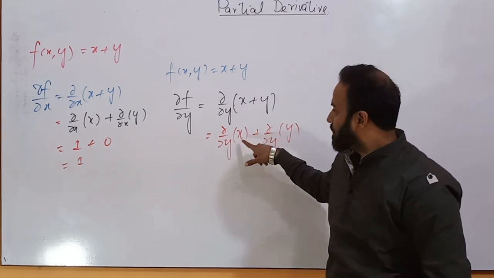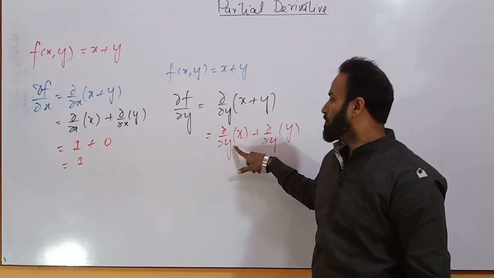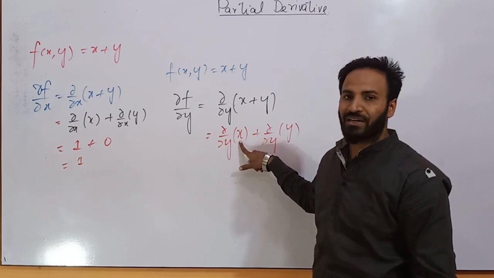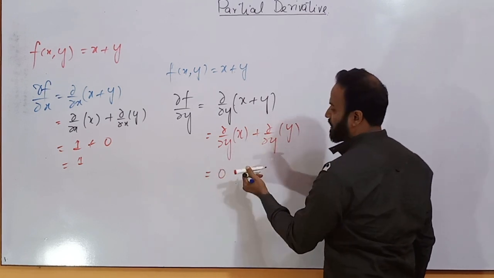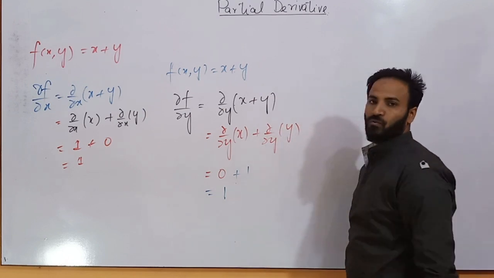Now students, the derivative of x with respect to y will be 0 because x behaves like a constant quantity when you are taking the derivative with respect to y. And the partial derivative of y with respect to y will be 1. So the answer is 1.